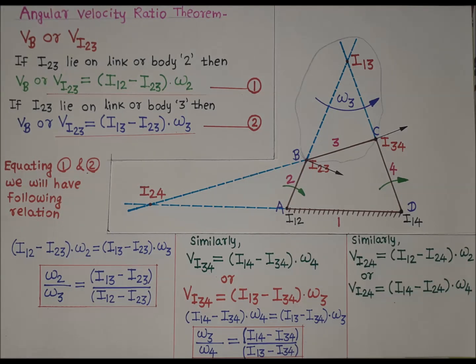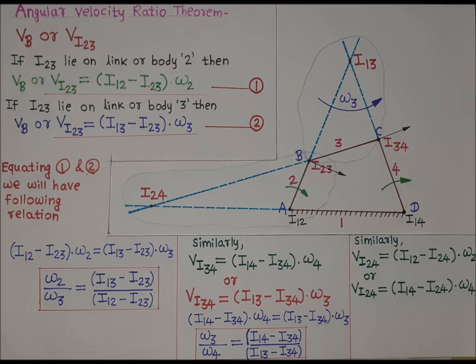Now, similarly, velocity at ICR I24, that is VI24, will be given by the relation VI24 is equal to I12 I24 into omega 2, or VI24 is equal to I14 I24 into omega 4. These relations are obtained because I24 can lie either on link 2 or link 4. Link 2 and link 4 can have any shape. Both links are rotating in clockwise direction.